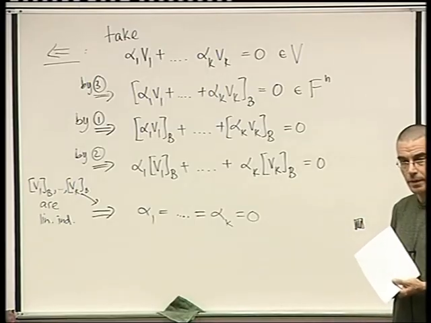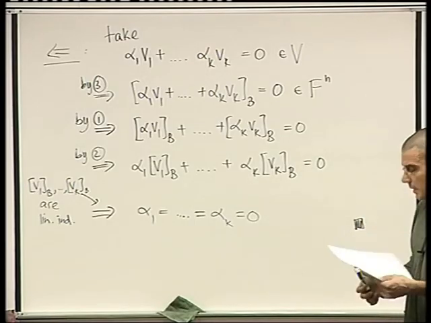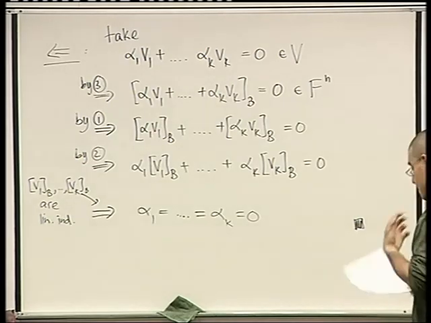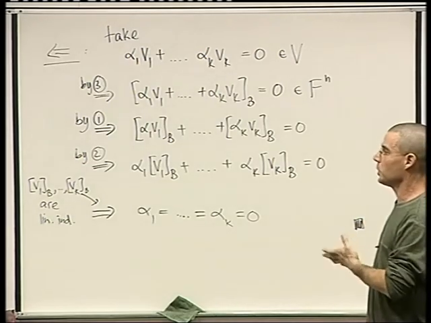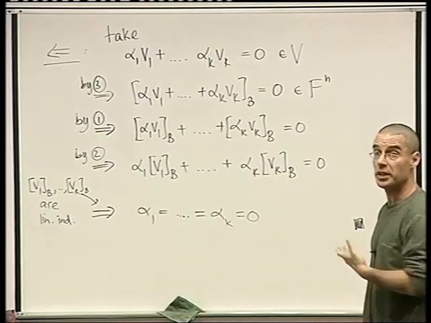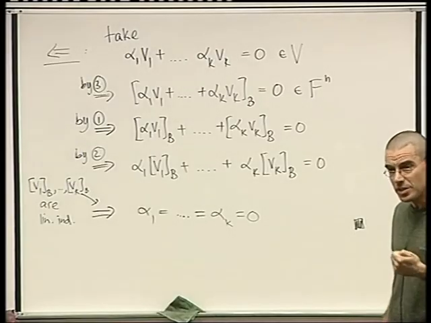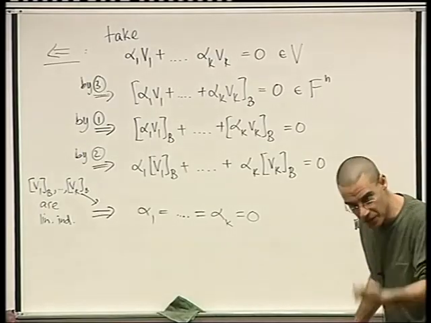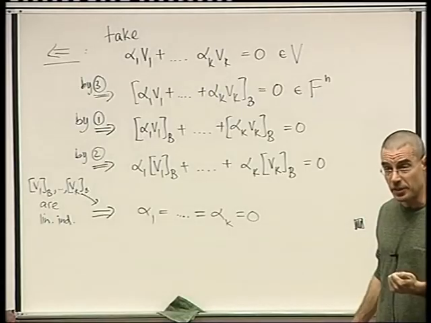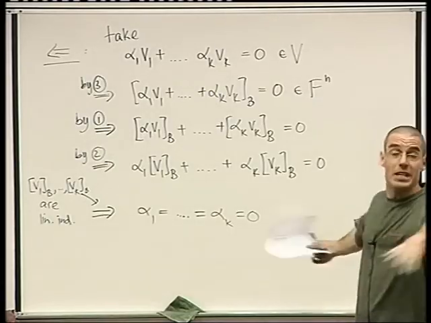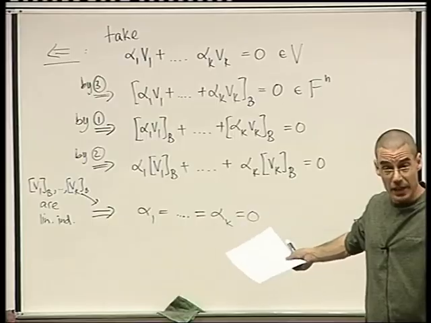Okay? Good? So the point is, what you should think of when you think of coordinate vectors is that this is the machine, the tool that enables us to take any vector space.